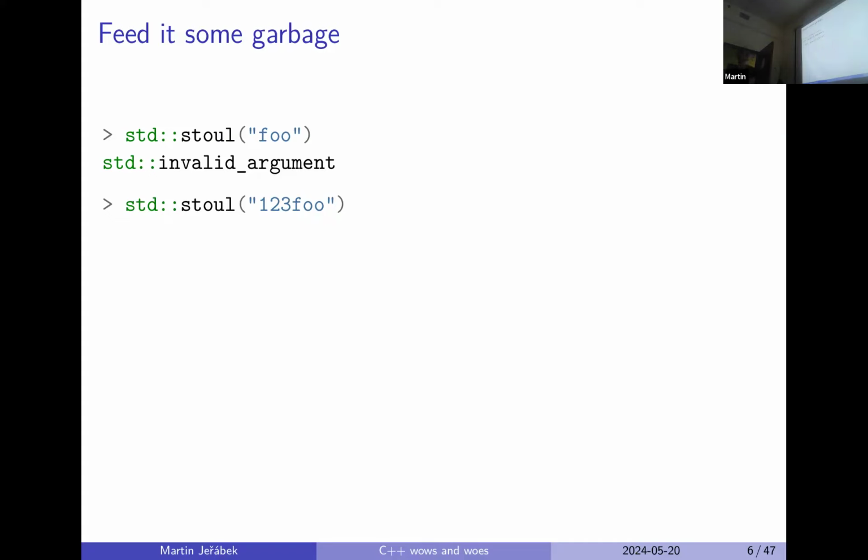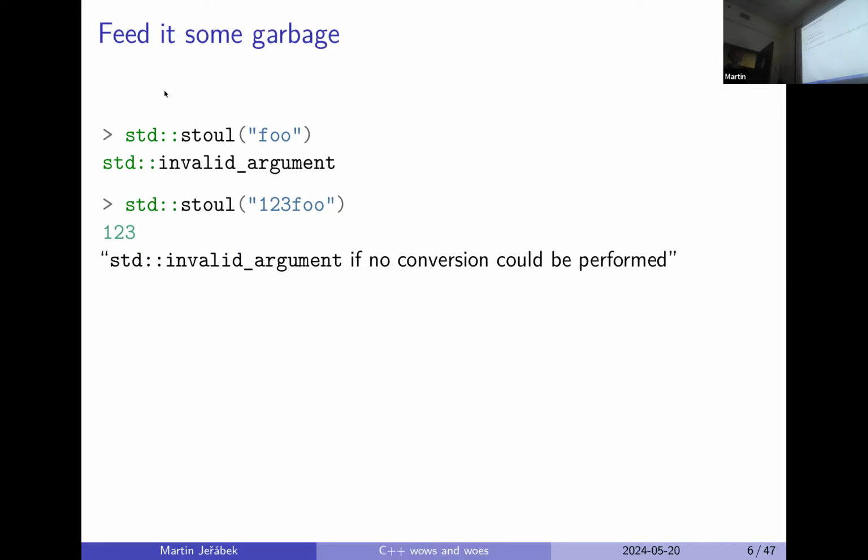Maybe both exception and 123 at the same time. Okay, I didn't expect that, but no, we get 123 because invalid argument is thrown only if no conversion could be performed, and clearly it can convert 123 because it's at the beginning of the string.